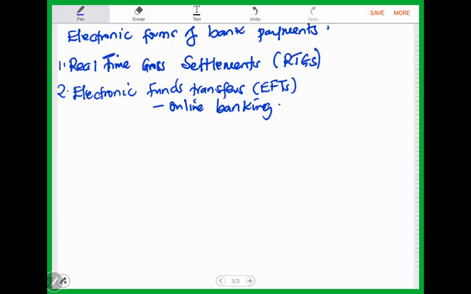So EFTs can be processed through online banking, mobile money, ATMs, and other electronic payment systems. We normally say that the process typically involves the sender initiating the transfer by providing the recipient's account information and the amount to be transferred. You should be in a position to specify on whose account this money is going.